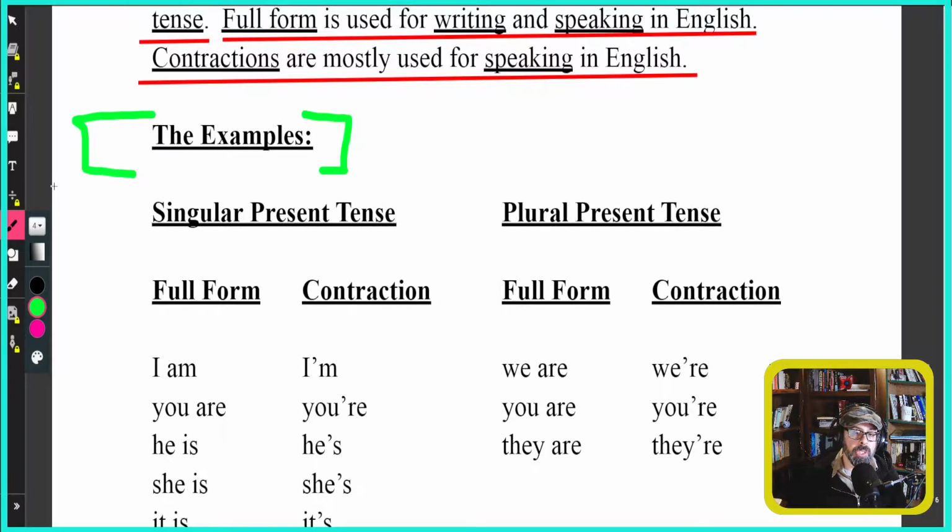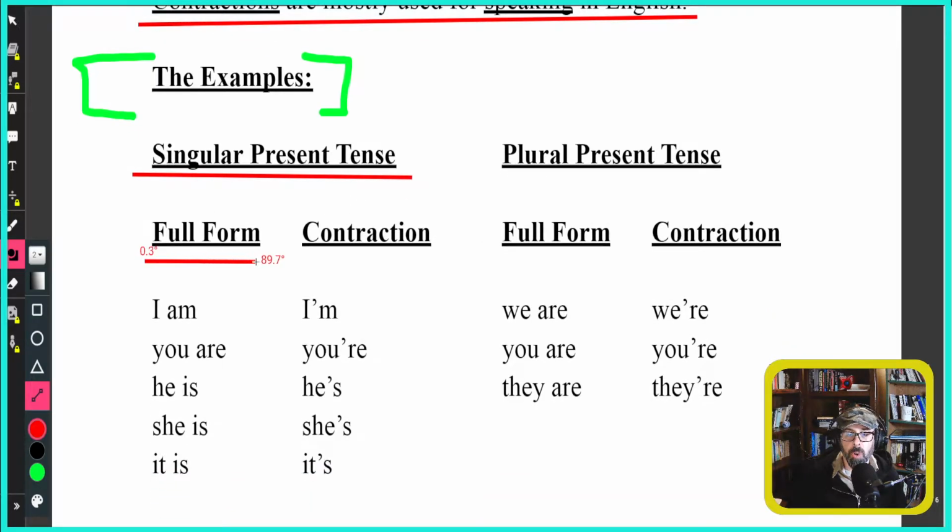All right, so first let's take a look at the singular present tense for the verb to be, and let's look at full form first, okay? Now, when we look at full form, we see I am, singular, you are, one, you, okay? He is, singular, she is, and it is.